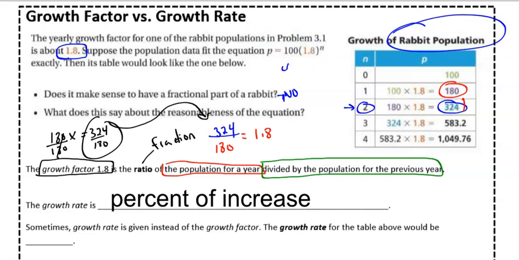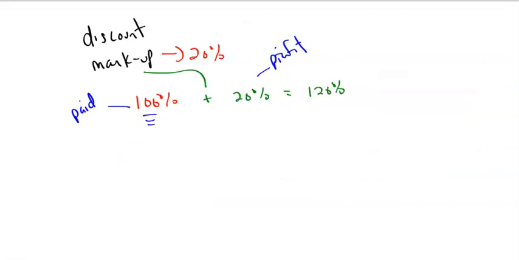If I take my initial population of 100 rabbits and multiply by 100%, how many rabbits will I have? If you get rid of your percents and move your decimal twice, you end up multiplying 100 by 1, so that's not going to change. You keep the same 100%.